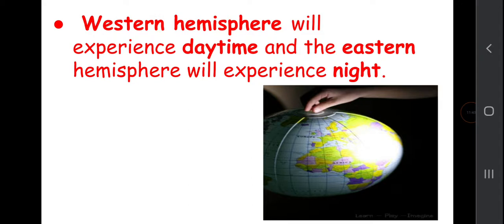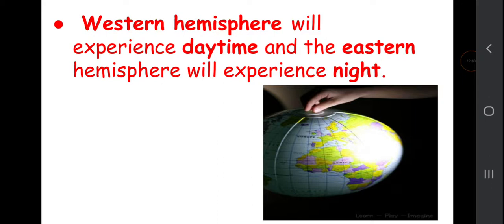Eastern hemisphere will experience night, because earth takes one day to complete one rotation. So only one part of the earth will get day at a time, another part will have night.